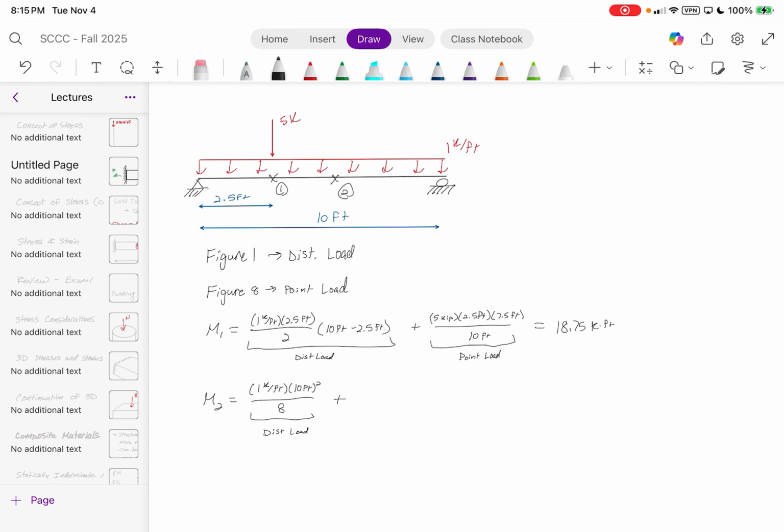So that's 5 times 2.5 times 7.5 divided by 10, which gives us 9.375. And then minus V2, which is going to be 5 times A divided by L. And then that distance is going to be 2.5.